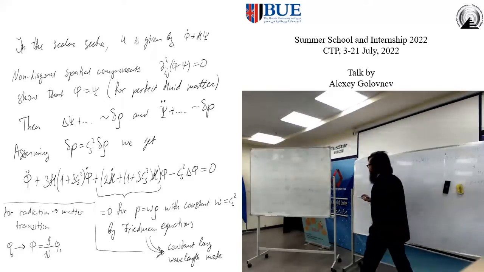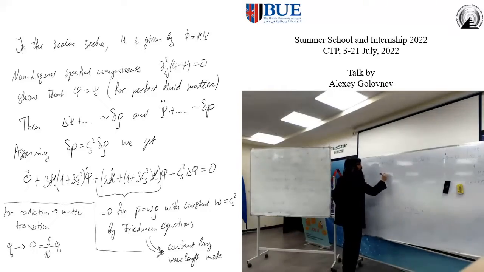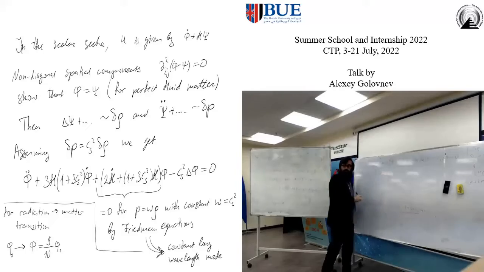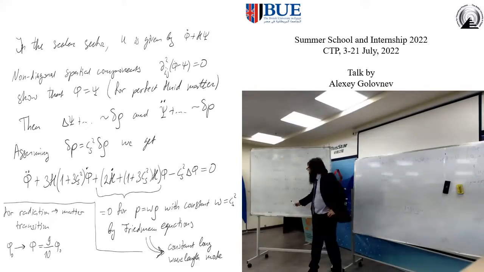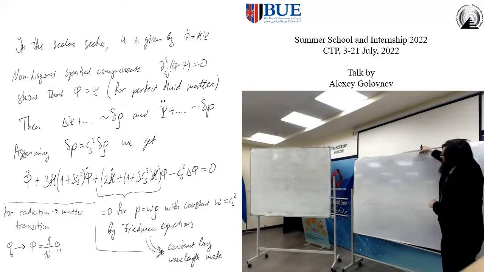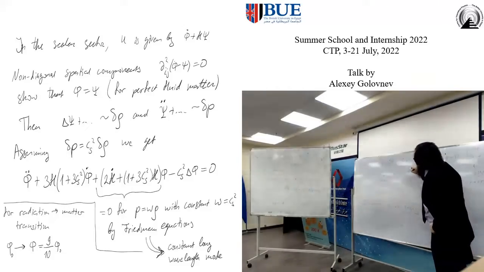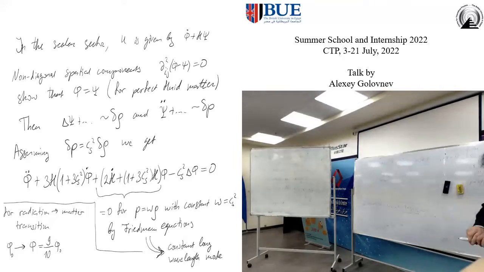If my equation of state is constant, p equal to w rho, where w is called the equation of state parameter, then w is just the sound speed squared from here. In this case I can put w here, and you can check that this coefficient is actually 0 just by the Friedmann equations.